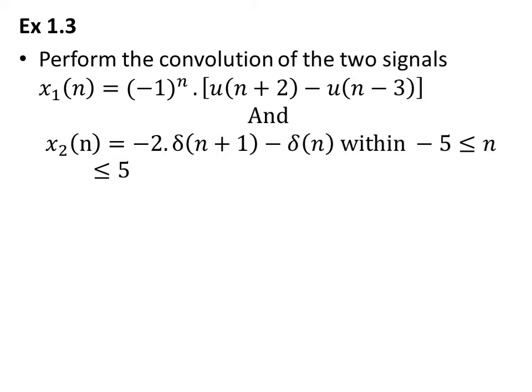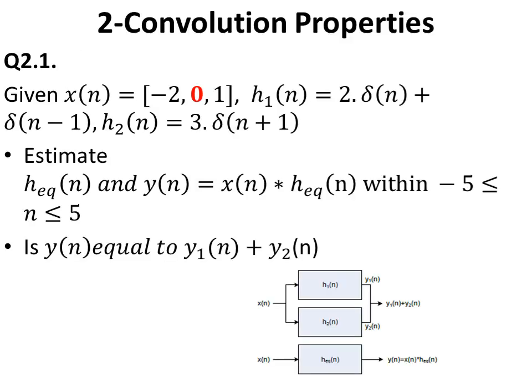Then you can find x1[n] by multiplying it by (-1)^n, right? Then you can define x2[n], and afterwards you can perform the convolution between x1[n] and x2[n]. You have to draw the three functions as well, x1[n], x2[n] and the convolution between them, with the proper labels as we have done previously.